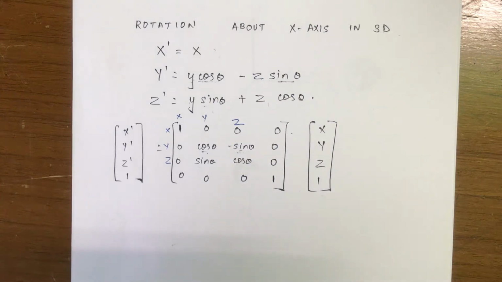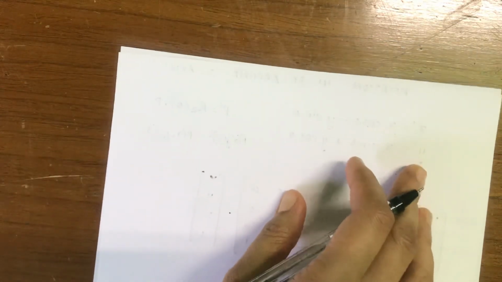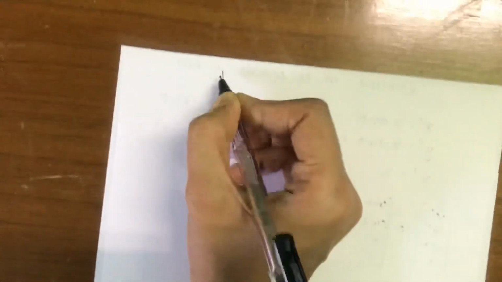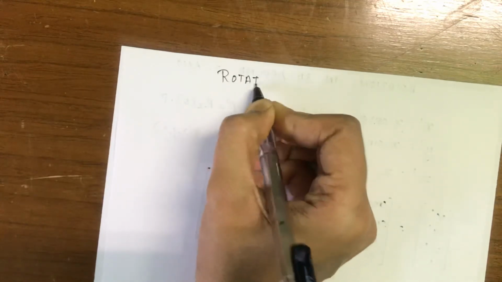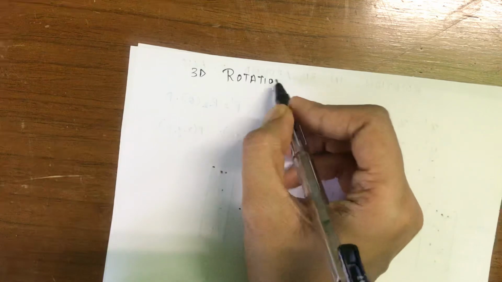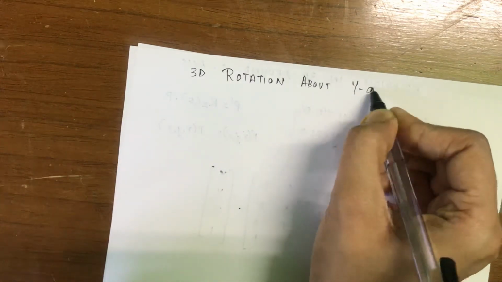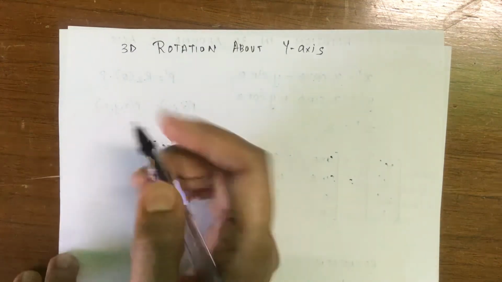Now let's quickly write the mathematical representation for 3D rotation about y axis.